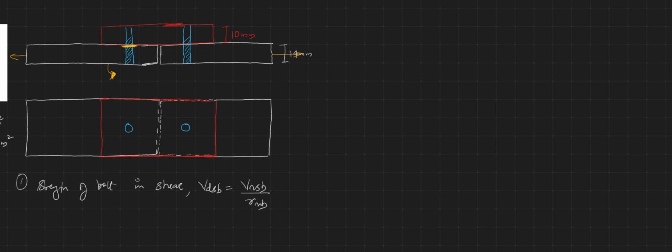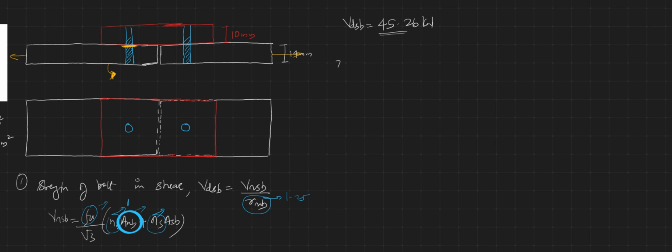That is, I could write VNSB is equal to FU divided by root 3 times ASB. Here FU is same as before. There's only one plane, and ASB, that is the area of the threaded region, is 0.78 times ASB. Here NS is 0, so you'll get the same value as before, and gamma MB is 1.25, so you'll get the value for VDSB as 45.26 kN, same as before.